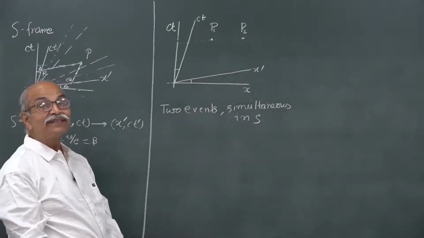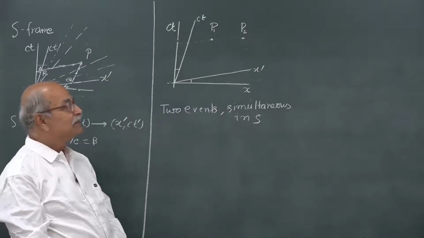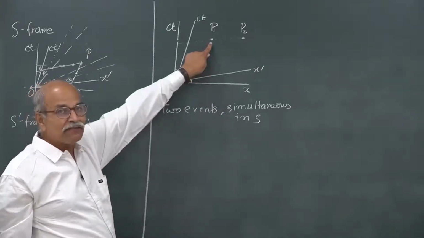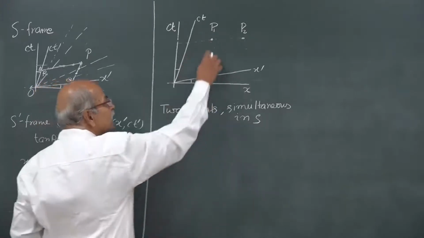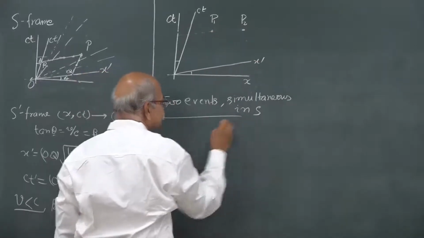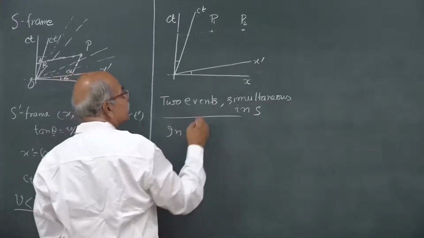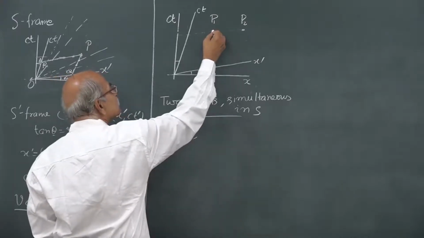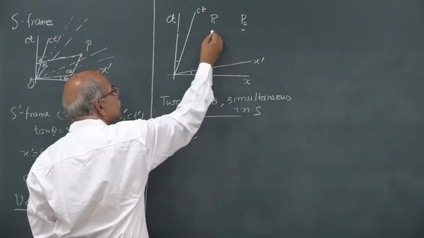What are their times in S prime frame? For this event, what is t prime? How do I get t prime? To get t prime, I have to draw a line parallel to this x prime axis. So, in S prime, t prime for this, you have to draw parallel to this from here.